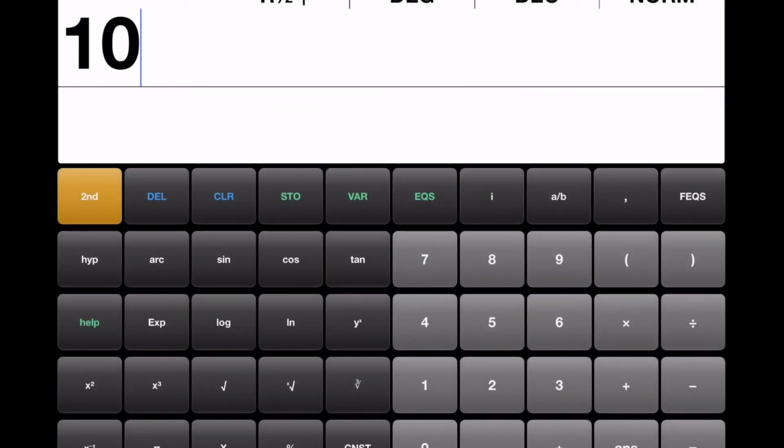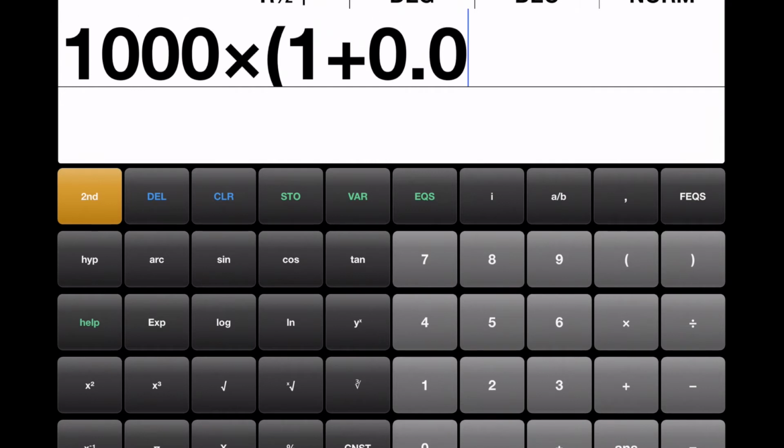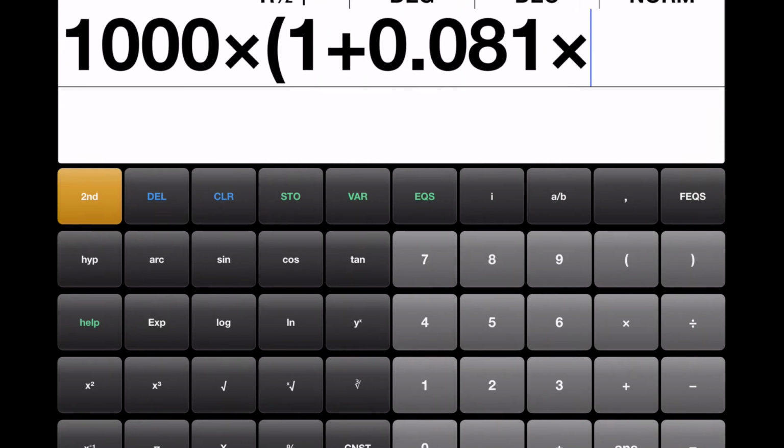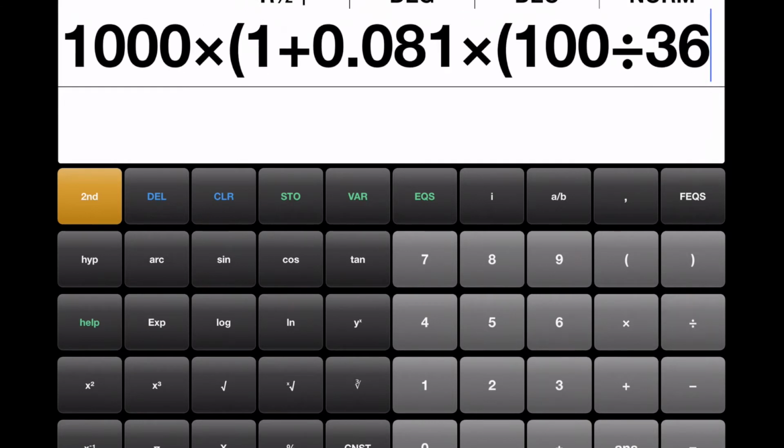So we have a $1,000 promissory note, so 1 plus 0.081 times 100 divided by 365.